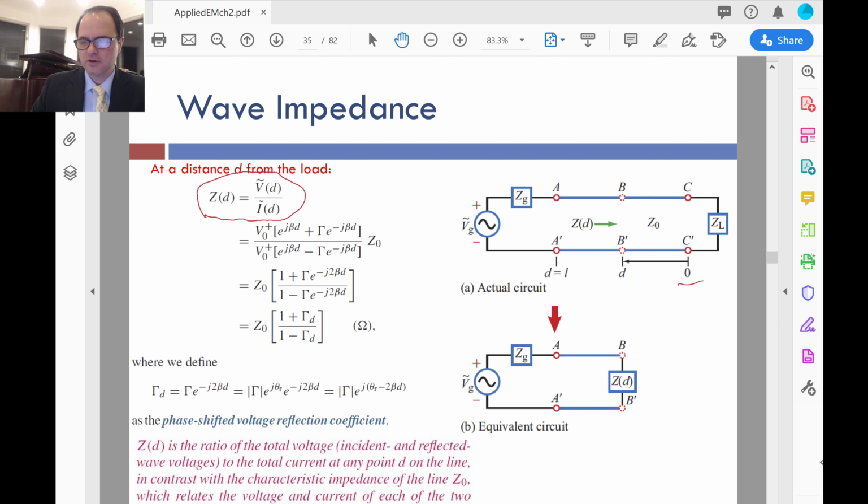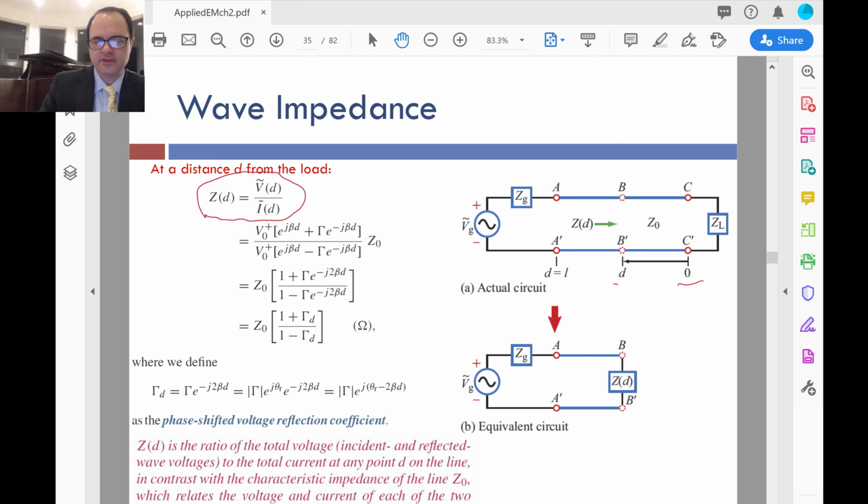And so D will increase in positive values as you go from the load to the source. That's different from Z, where it was negative, 0 at the load again, but it got more and more negative values as you went closer to the source. We've switched over to using D, and D increases in value as you go away from the load towards the source.